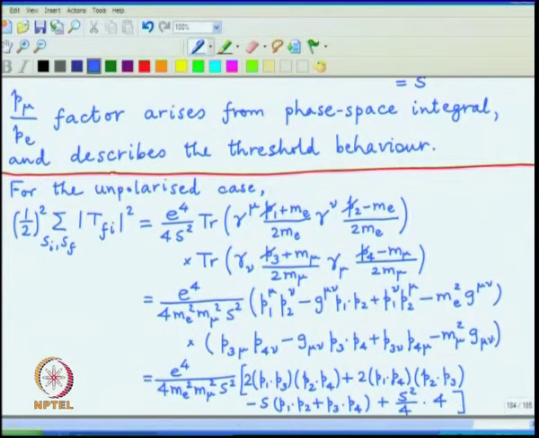Here I have explicitly used the structure that the m square can be converted to s by using the dispersion relation between energy and momenta, and m can be completely eliminated in favor of this overall variable s.